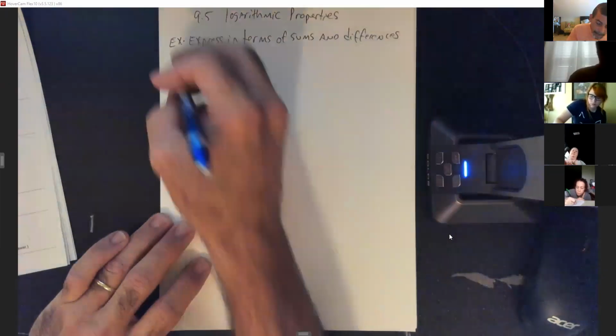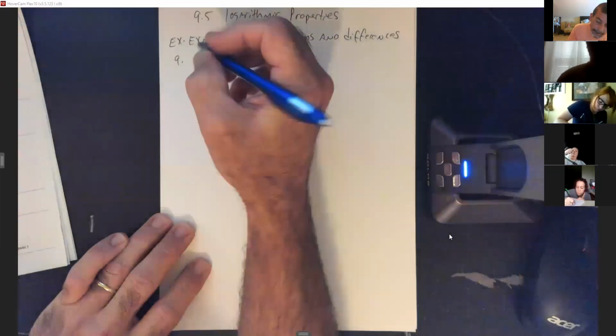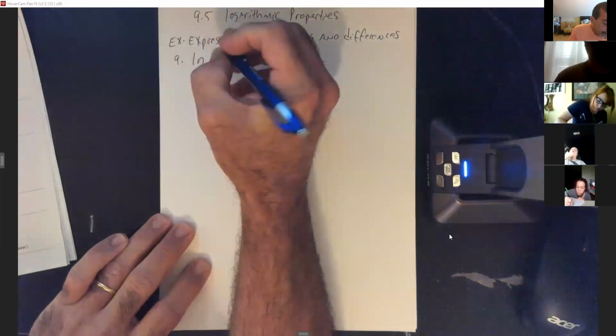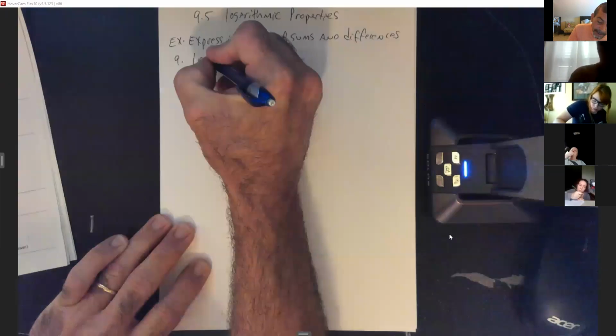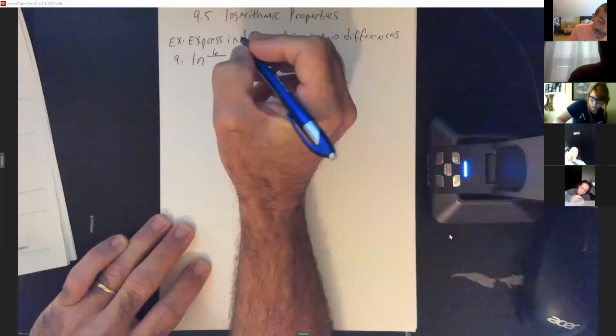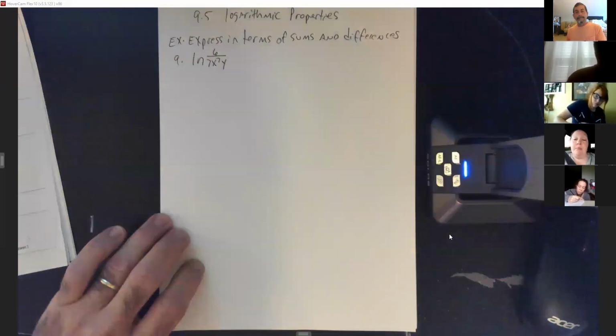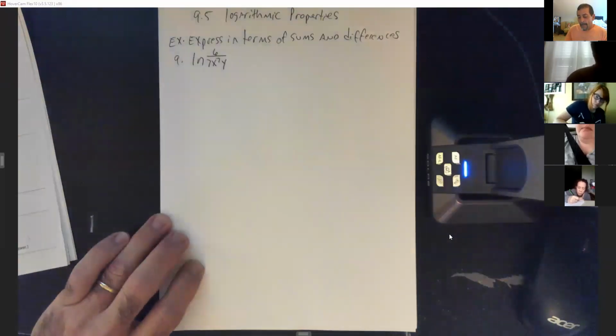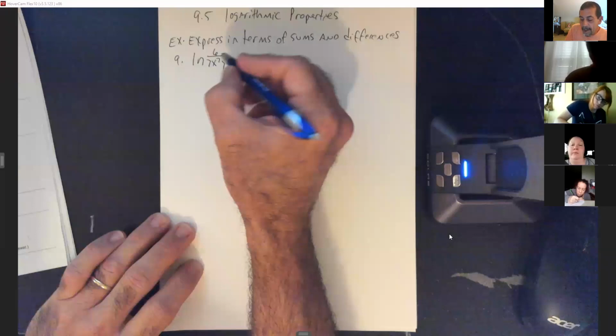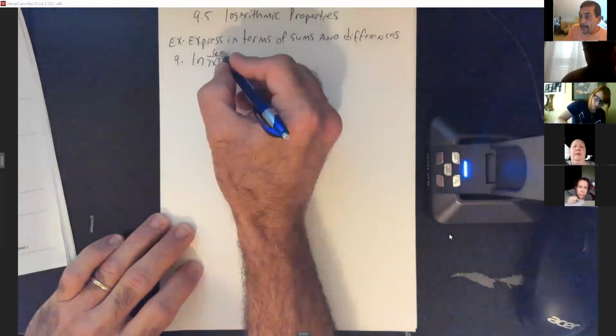Okay, so I'm going to pick up about number 9. So this one is ln of 6 divided by 7 x to the 7th y. So remember the other day I said if they're on top, when we rewrite them, they'll be positive.